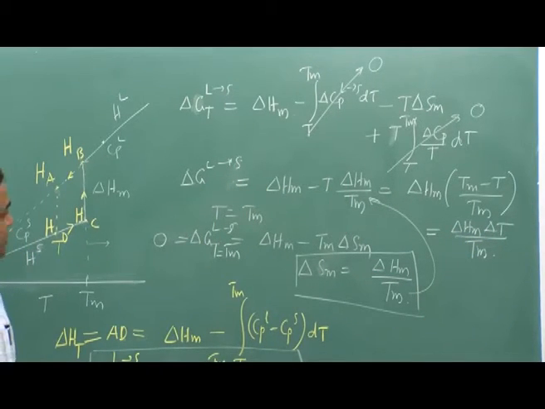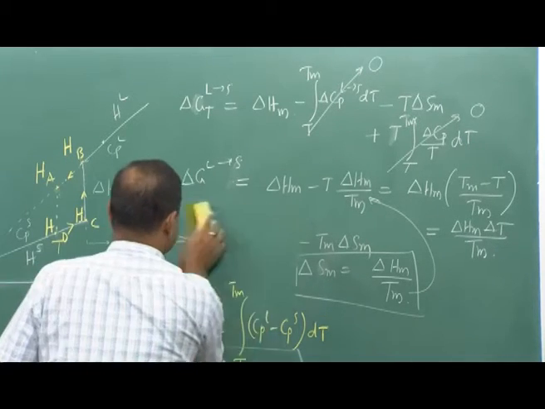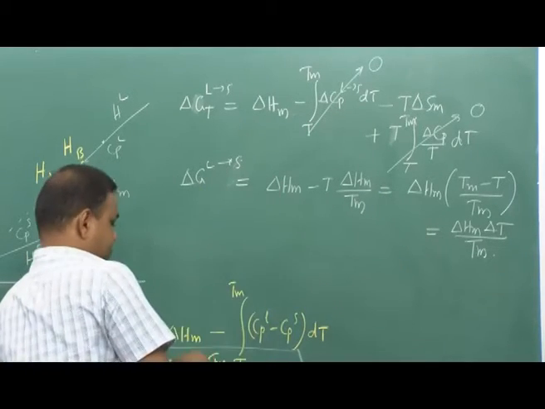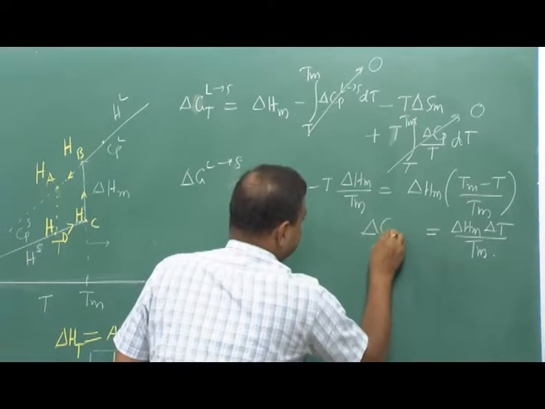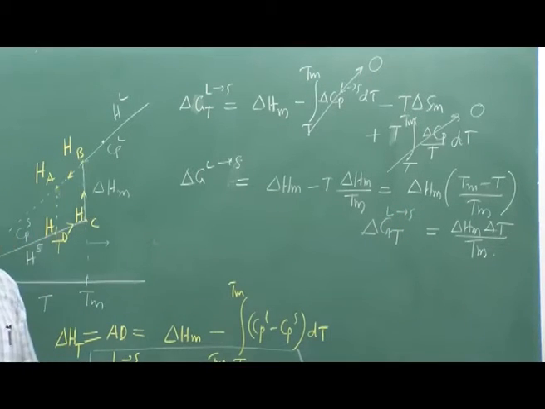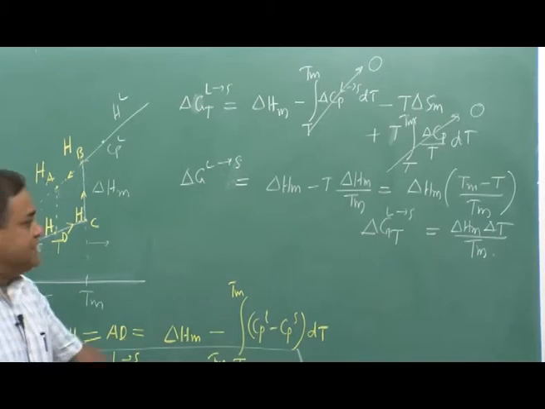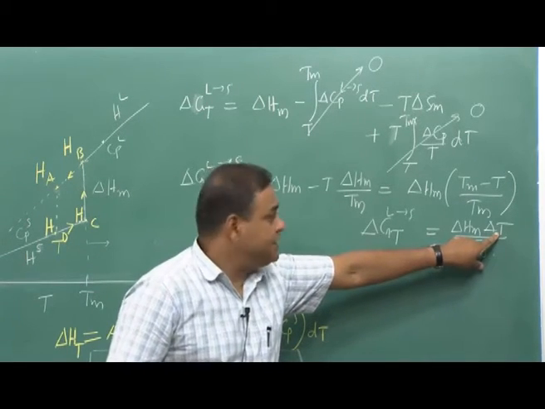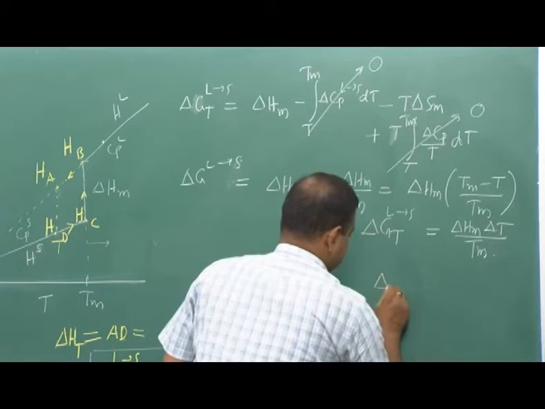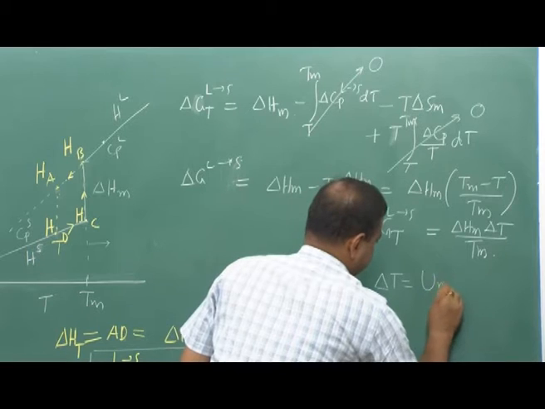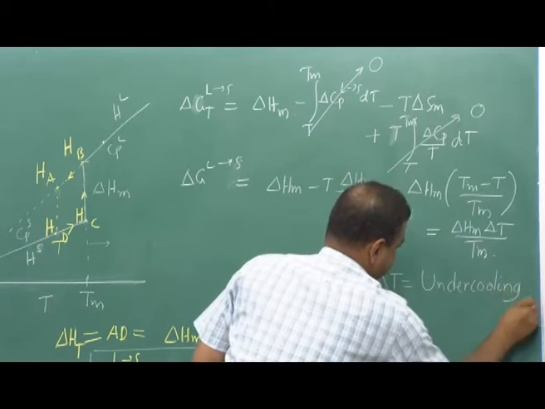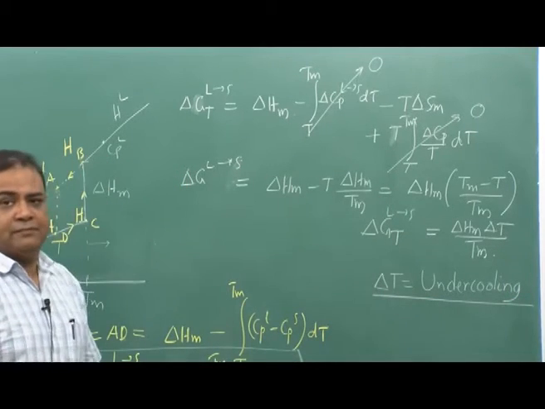Fine. So, the final expression is this, where this del T is nothing but undercooling.